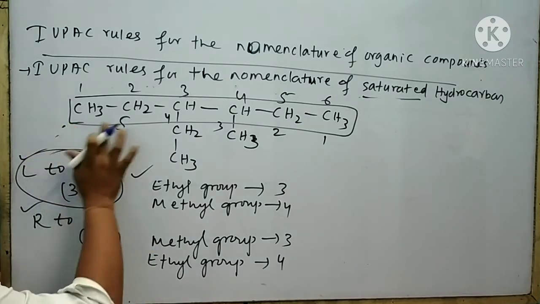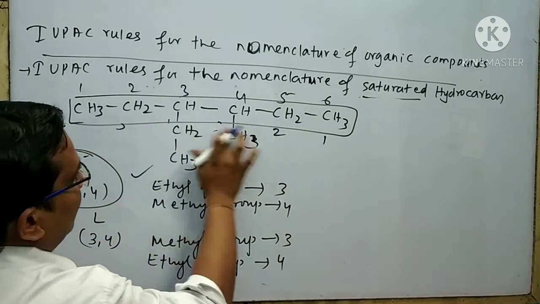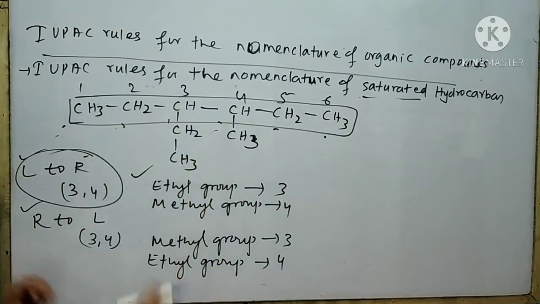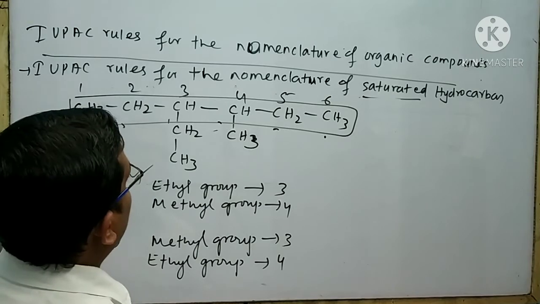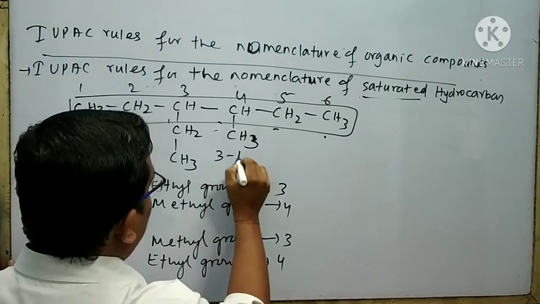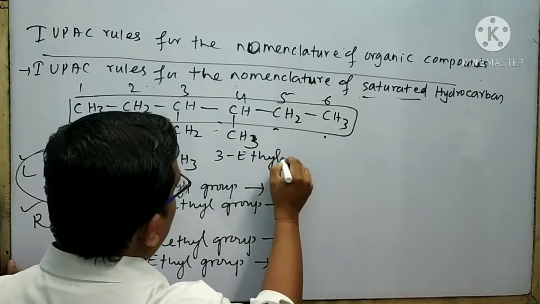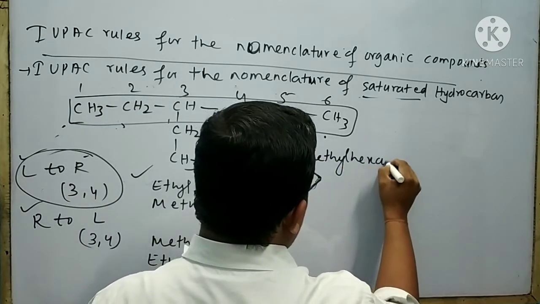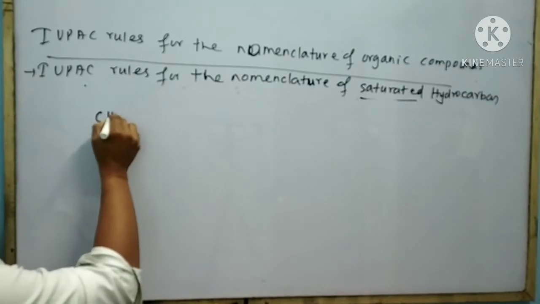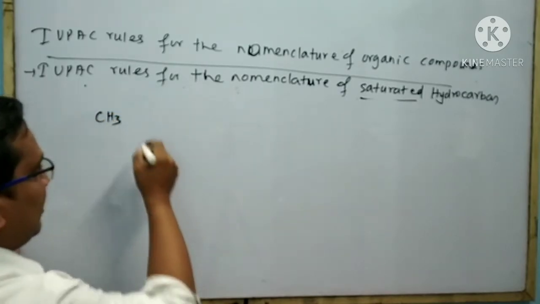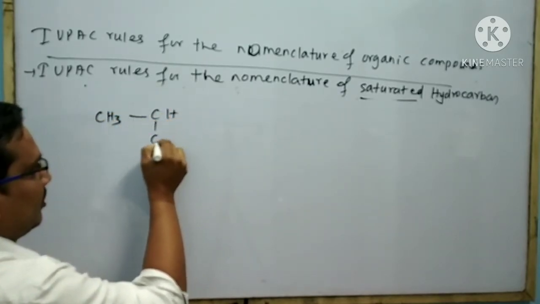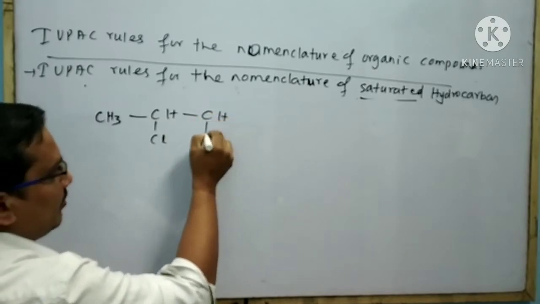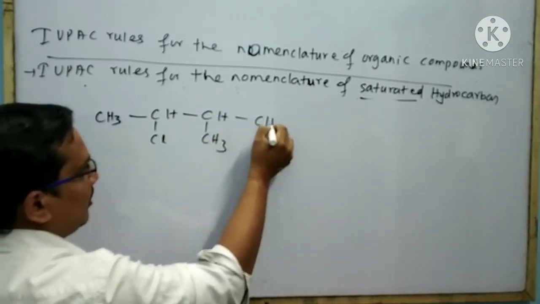So the left to right numbering system is correct for this organic compound. So I can write the name of the organic compound like this: 3-ethyl-4-methylhexane.